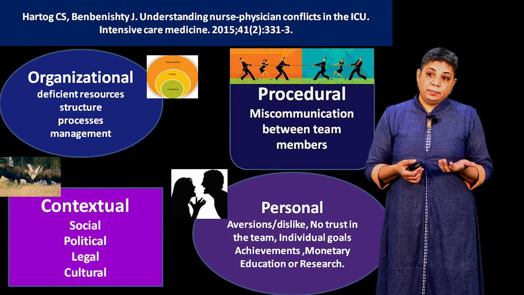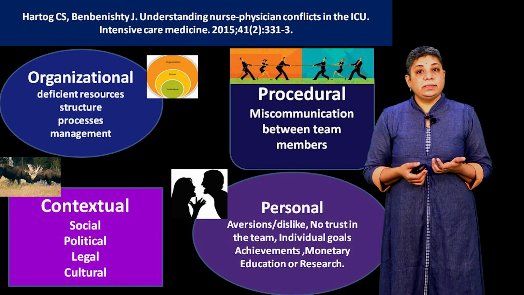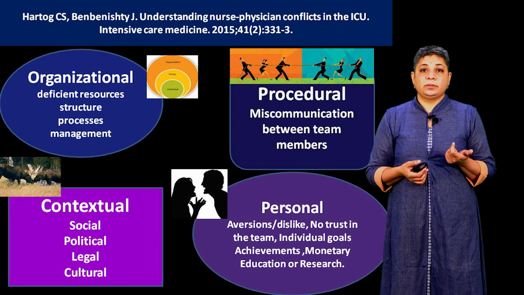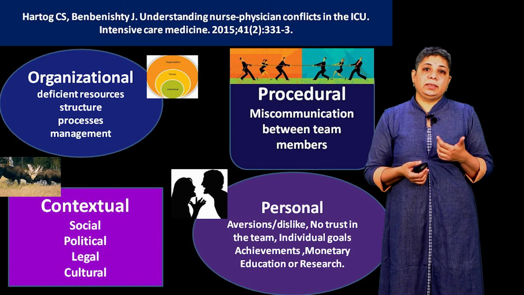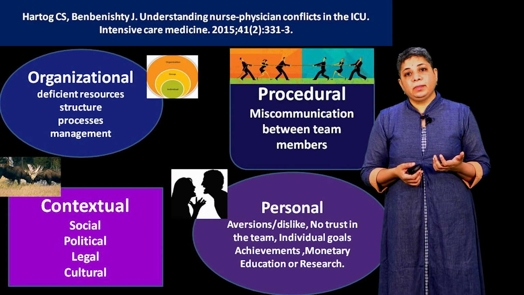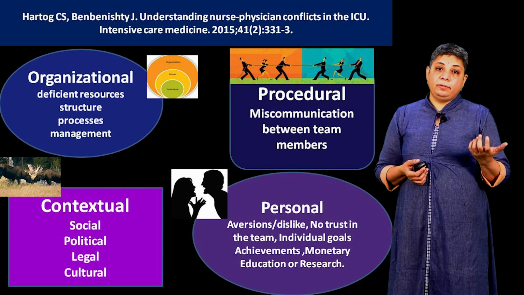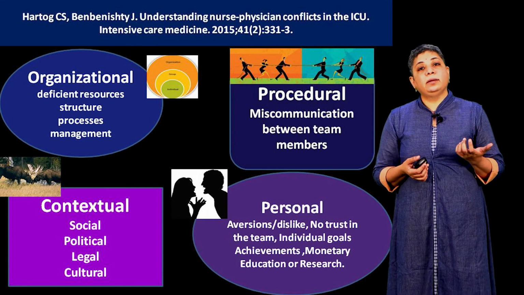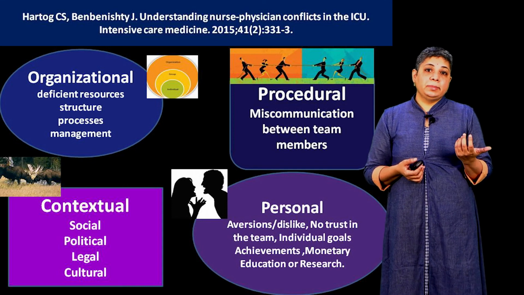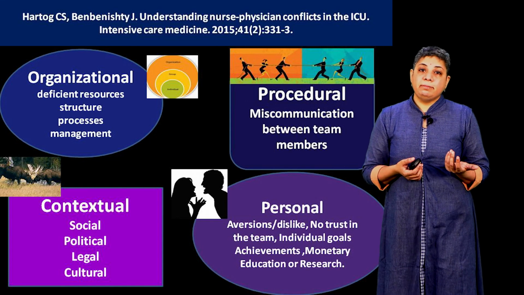It could be miscommunication between team members or among the team itself, or with other teams, that can cause procedural conflicts. Then there could be contextual conflicts. There could be differences of opinion concerning society, which involve some kind of political inclination, or problems with legal understanding of situations, or cultural differences among team members.